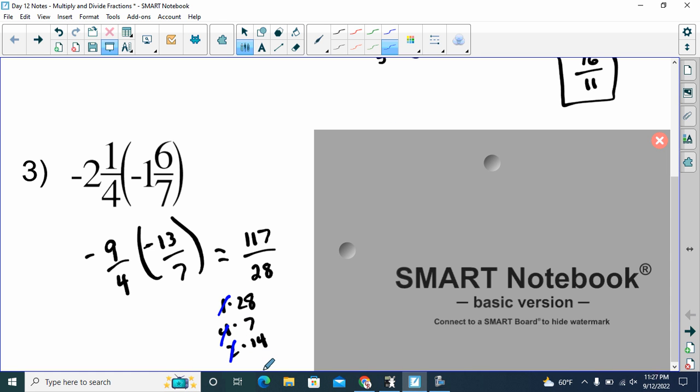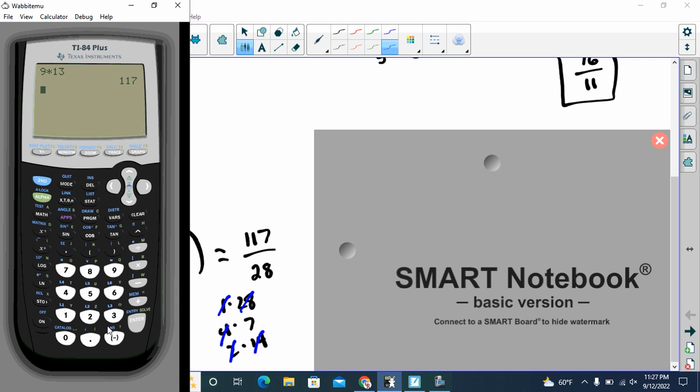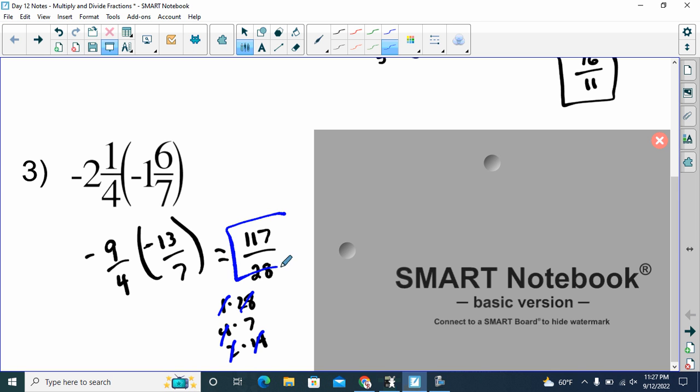Not worried about 1 or 14 or 28. Really the only thing I need to check is to see if 117 is divisible by 7. So 117 divided by 7 does not come out even. So there's nothing that can be reduced here. 117 over 28 is correct.